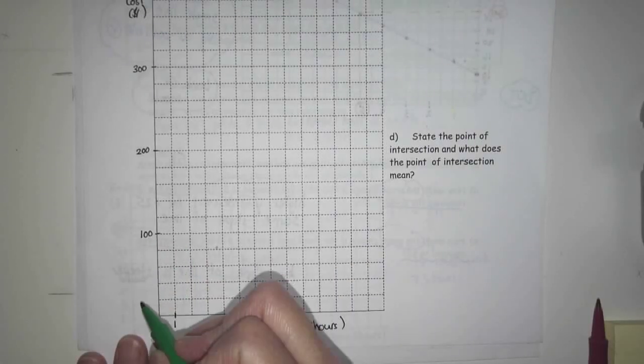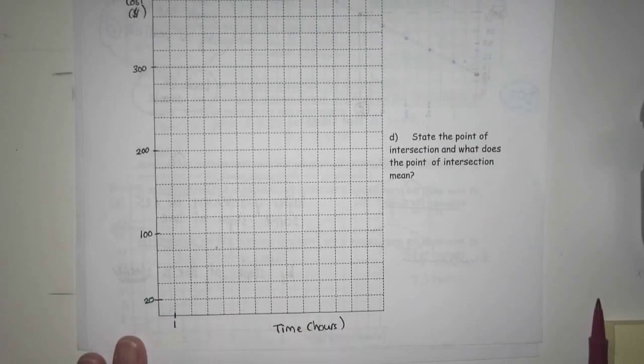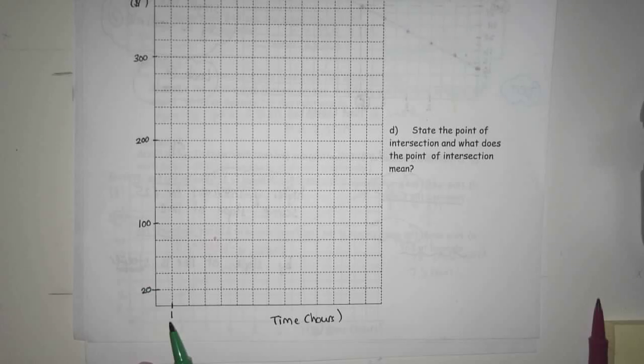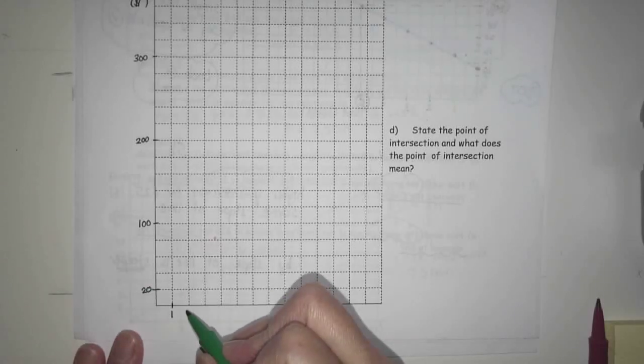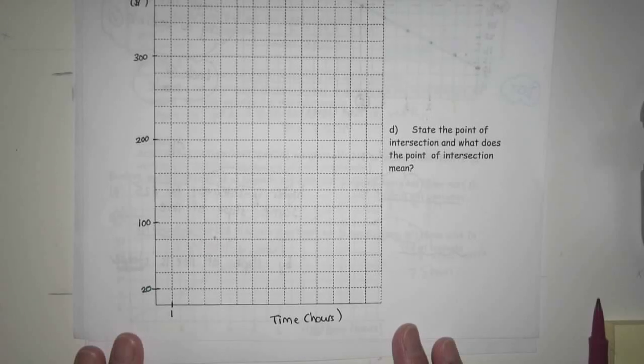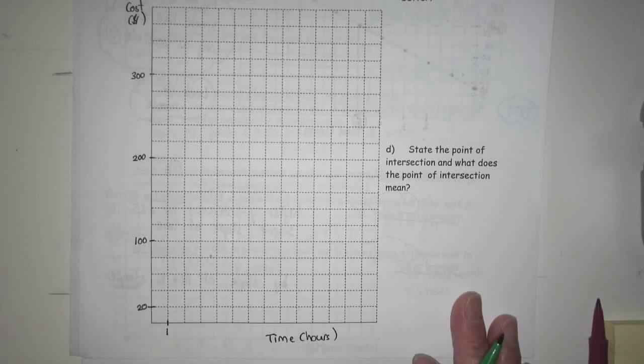So 100 divided by 5, that means that each square would be 20. Every square on the other axis is 1, so we know it's 1, 2, 3, 4. We can label more if you want.